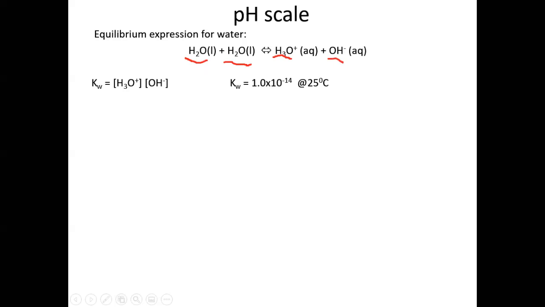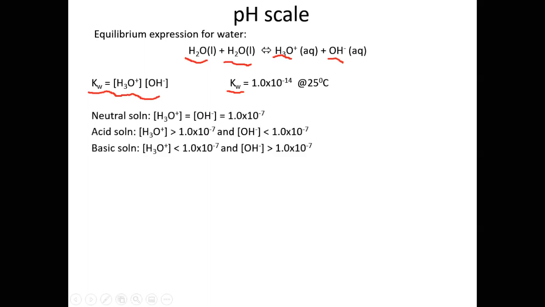If we write the equilibrium expression, of course, water doesn't show up because it's a pure liquid. We get Kw equals the H3O plus concentration times the OH minus concentration. And Kw is 1 times 10 to the negative 14 at 25 degrees Celsius. Notice that Kw is dependent on temperature. If you change the temperature, you're going to change the value of Kw.